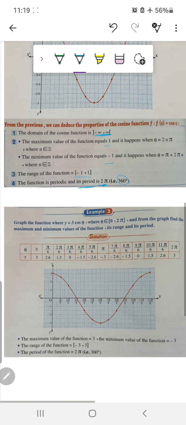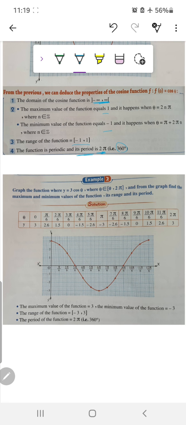For example, here y equals 3 cosine theta. Theta belongs to 0 to 2 pi, so its domain is 0 to 2 pi. Range: here we have the coefficient of cosine theta, so the range is from -3 to 3. So the maximum value is 3 and the minimum value is -3. Okay, and the period of the function is 2 pi which is 360.